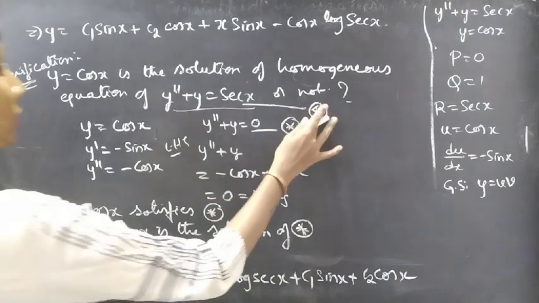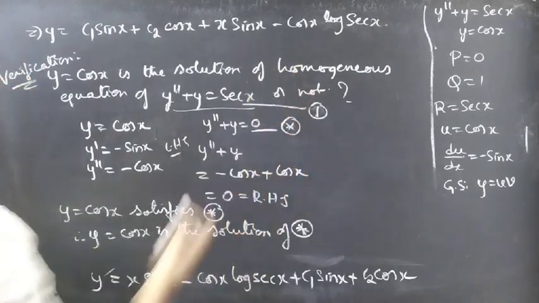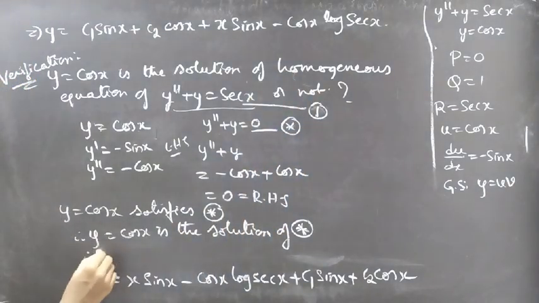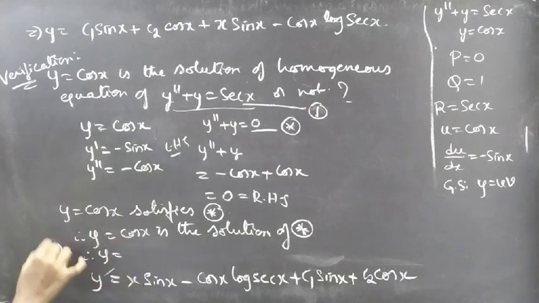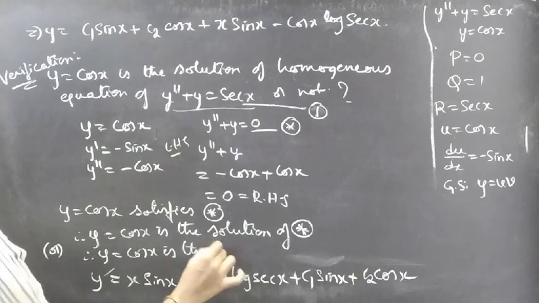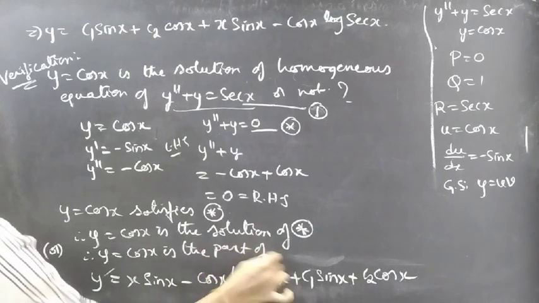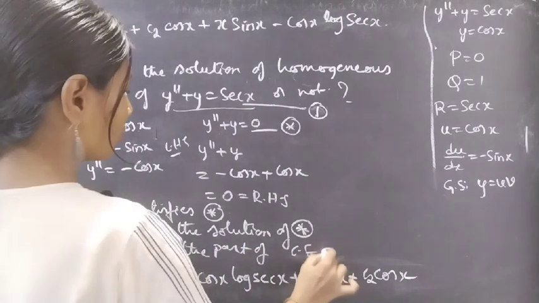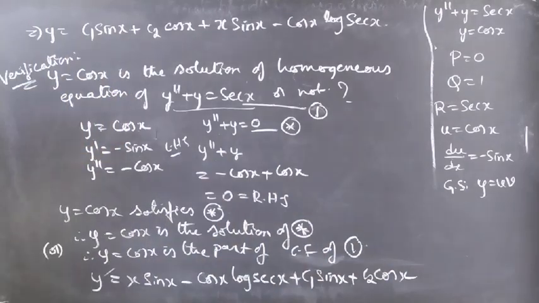Oh, this is equation 1, right? We have named it equation 1 earlier. Therefore y equal to cos x is a part of the CF of 1.